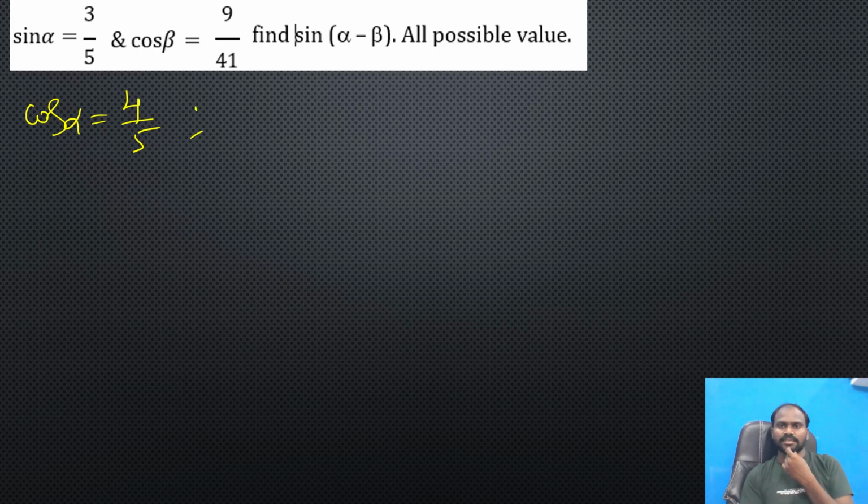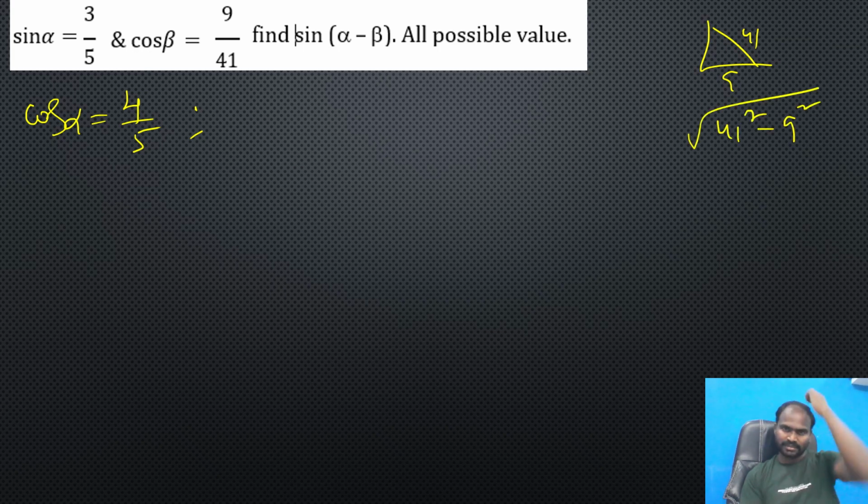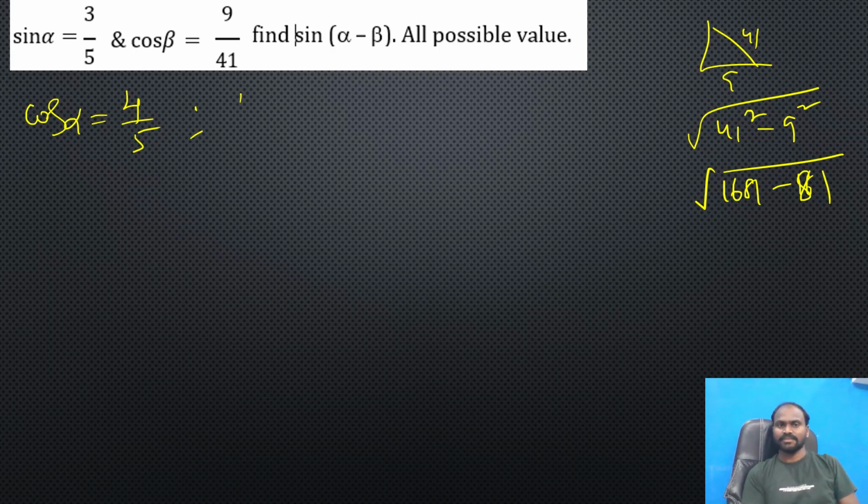Cos beta, so 9 and 41, this will be what, by using Pythagoras theorem, 41 square minus 9 square. 41 square is what, 1681, I think. So 1681 minus 81, which is 1600. That means 40. So root 1600 is 40. So sine beta is opposite by hypotenuse.